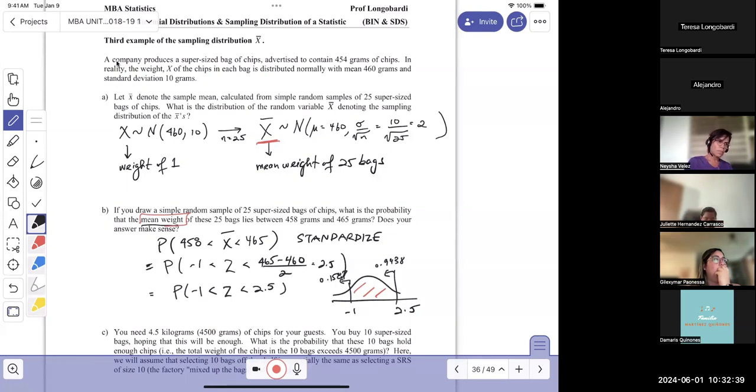Right, so you look those up: 0.1587 for -1, 0.9938 for 2.5, and take the big one minus the small one.